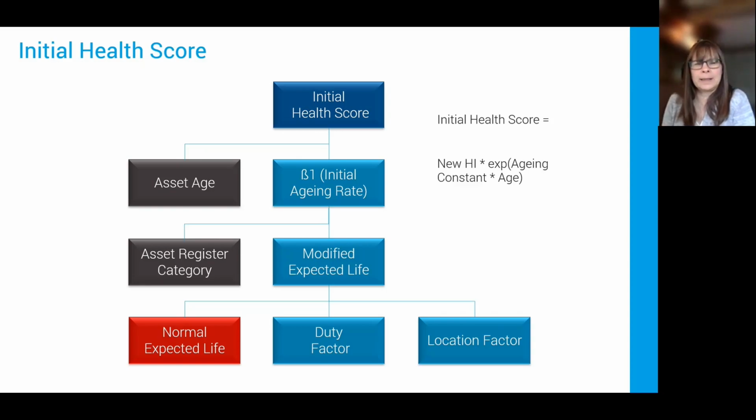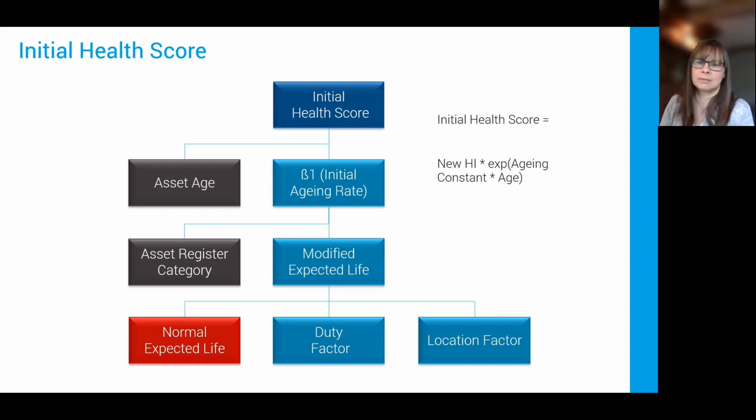And so this is the point where you can really engage your engineers and say, how long would we expect our assets to take to get from brand new to a health score of 5.5? And that's clearly a discussion that we have when we implement these kinds of solutions for different customers. So there's a real engineering judgment there.